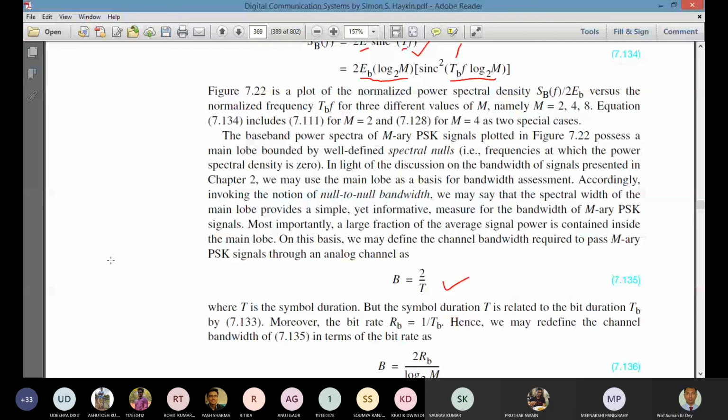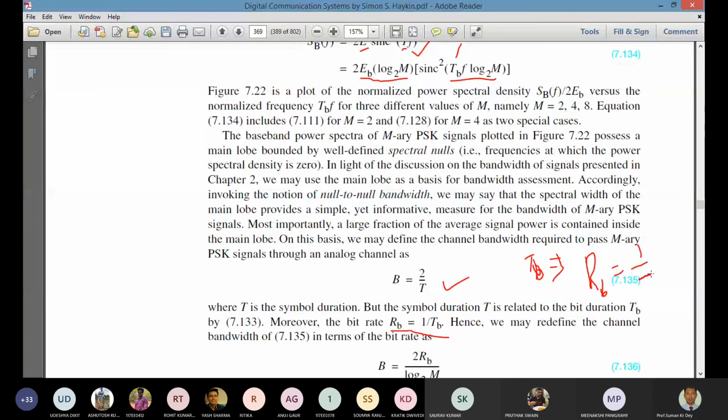Yes or no? So if the bit duration is TB, then if we know the bit duration, from that we can calculate the bit rate RB, and RB equal to 1 by TB.